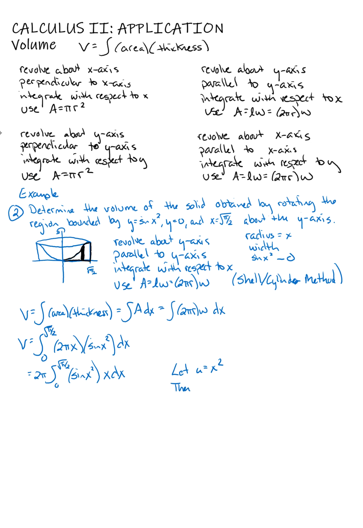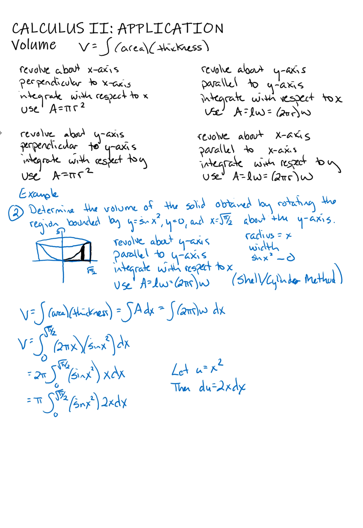That means du would be 2x dx. Oh, okay, so I see that I have x dx. I just need the 2. So I'm going to go ahead and bring that 2 from the coefficient back inside and put it back there with the x dx.